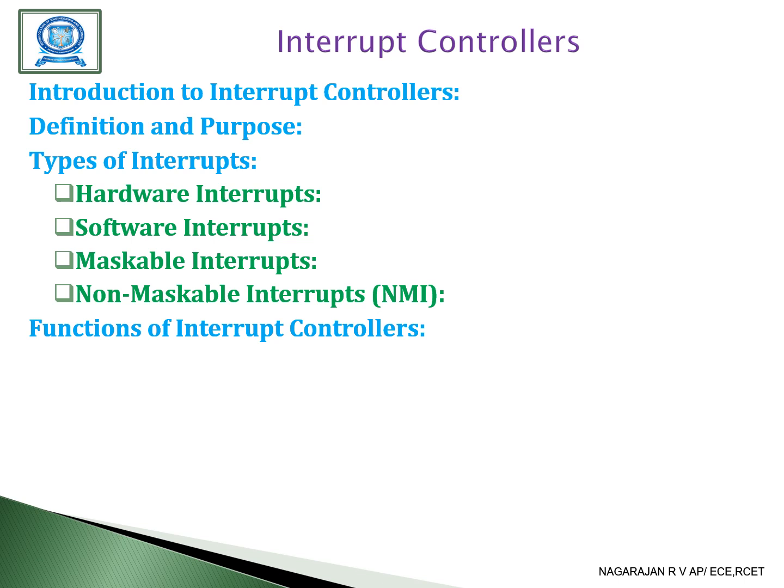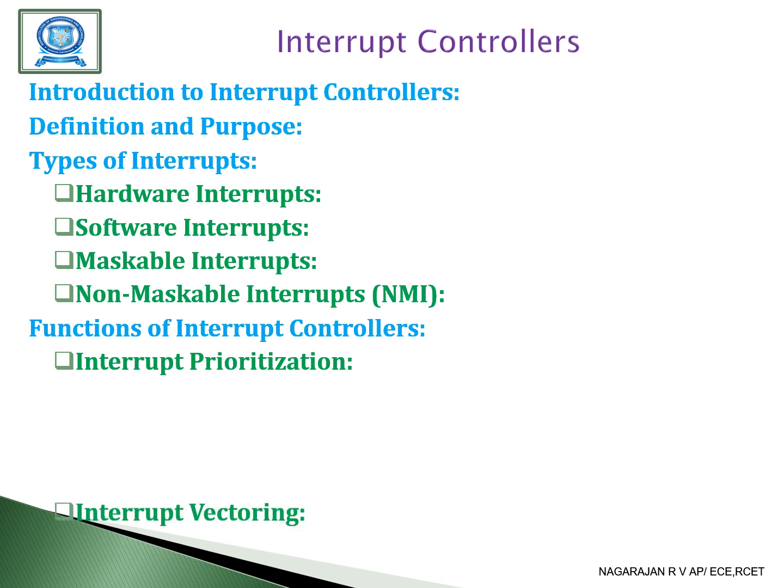Now let us see the functions of interrupt controllers. The first is interrupt prioritization. The interrupt controller prioritizes incoming interrupts based on their importance and urgency. Higher priority interrupts are served before lower priority ones, ensuring that critical tasks are handled promptly.